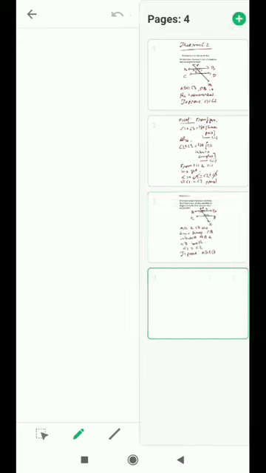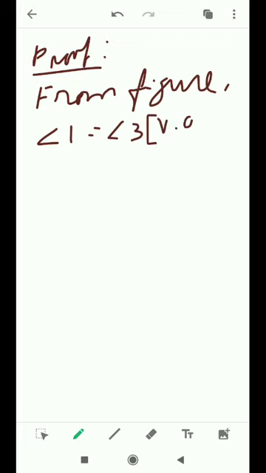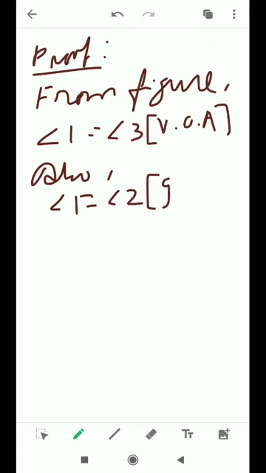So here now, from the figure, I am going to do the proof. From the figure, what you will get, angle 1 is equal to angle 3, also. These are vertically opposite angles. So vertically opposite angles are always equal. And also we have angle 1 is equal to angle 2, according to the question it is given.